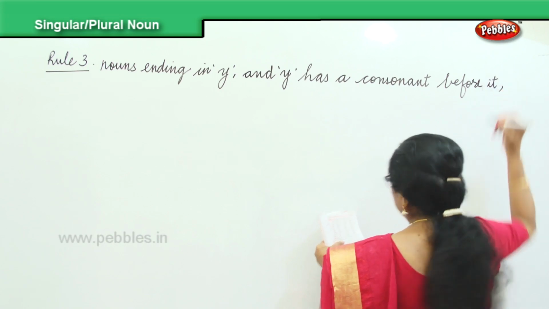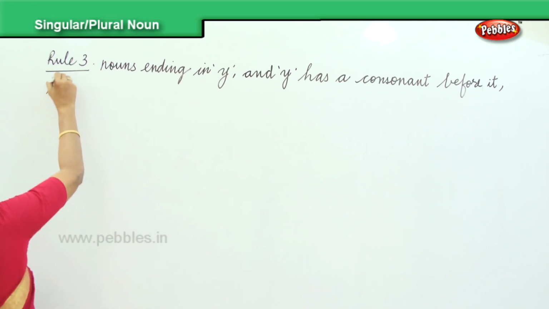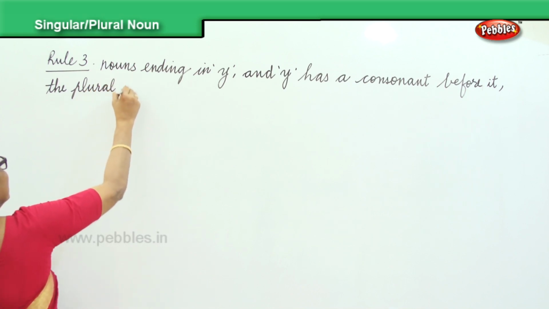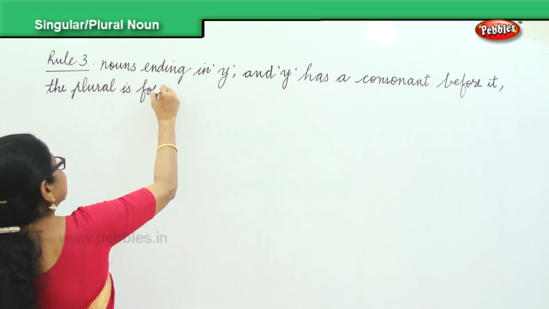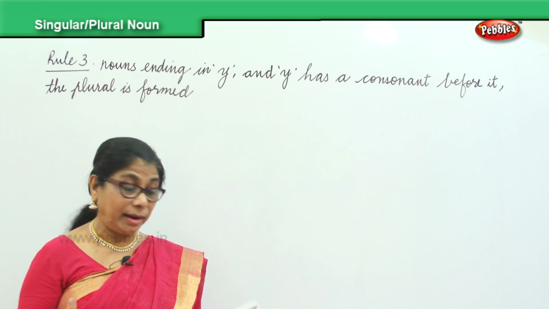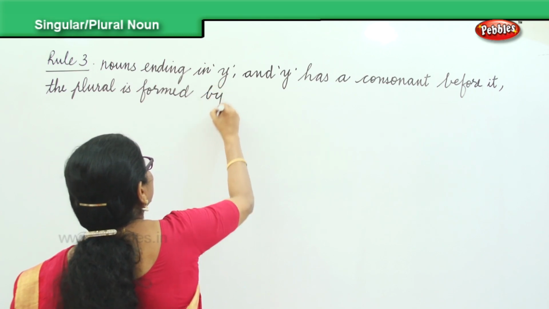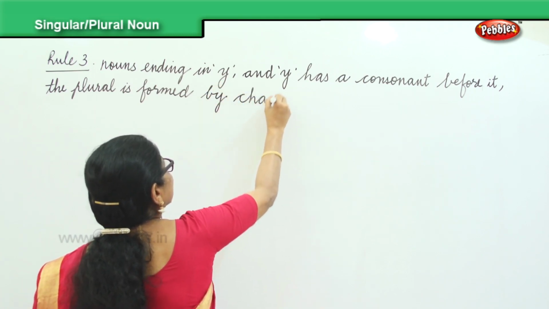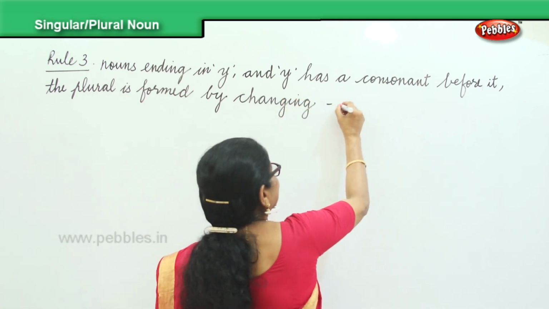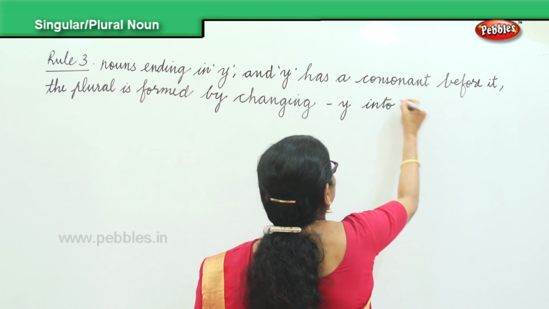Now what happens? The plural is formed by changing Y into IES.